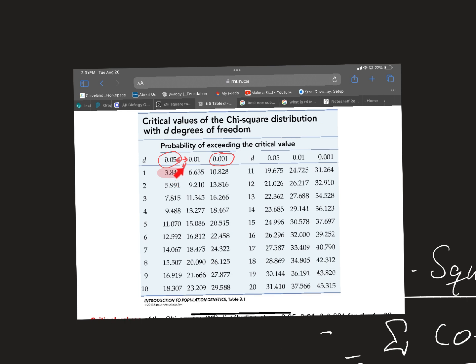If you have one of 4, then it's closer to 1%. That's a lot less, right? So it's a lot less likely. So we reject the null, that there is no difference. We say that is a significant difference.